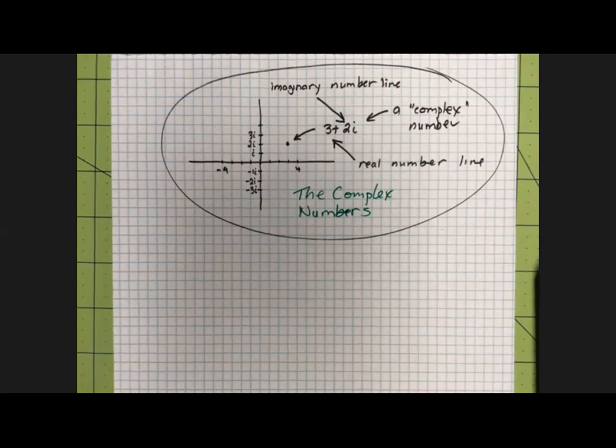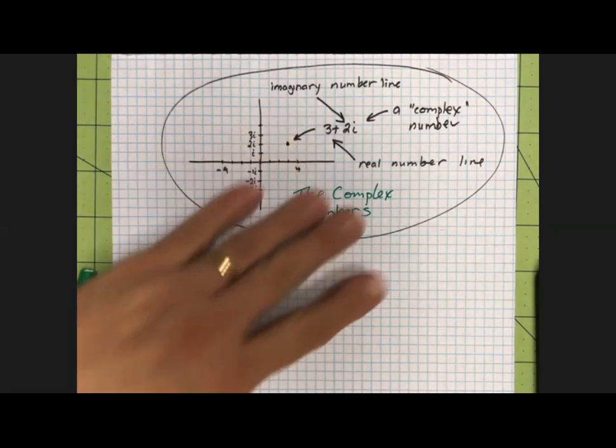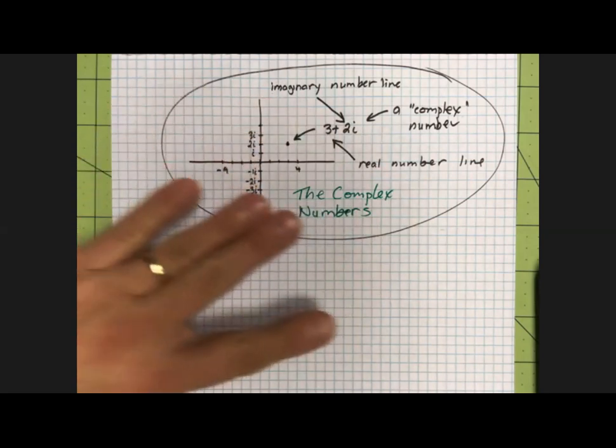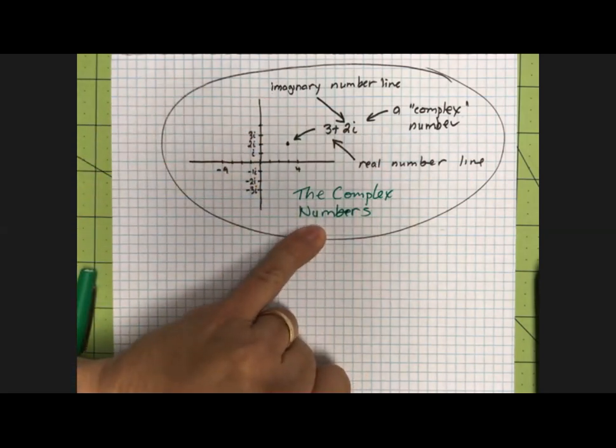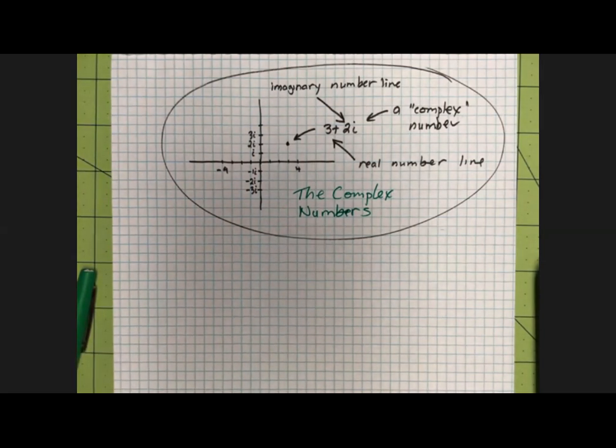Numbers are things that can be added, subtracted, multiplied, and divided. If I show you how to add, subtract, multiply, and divide these complex numbers, it's going to be pointless for you to say, well, they're not numbers because, and I say, because why? You can add them. And then you say, yeah, I can add them. I can subtract them. I say, I'll show you how to multiply and divide them, and then you admit you can multiply and divide them.